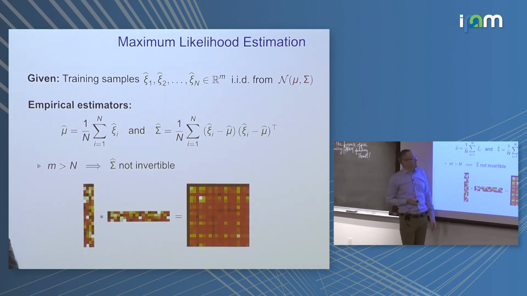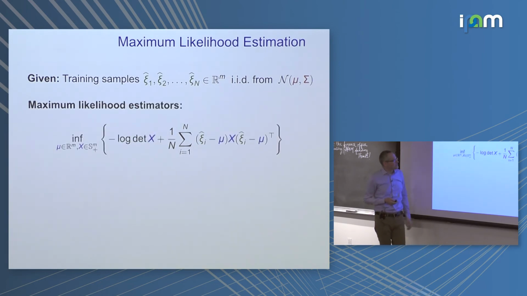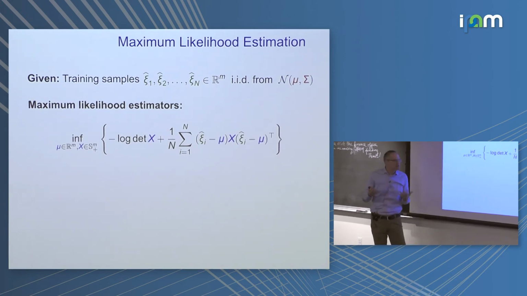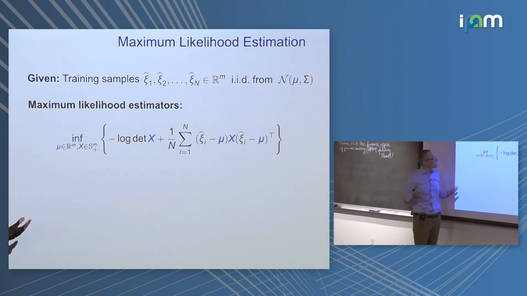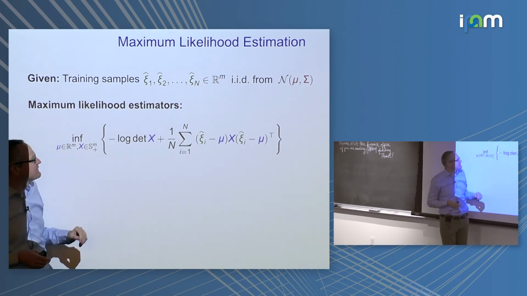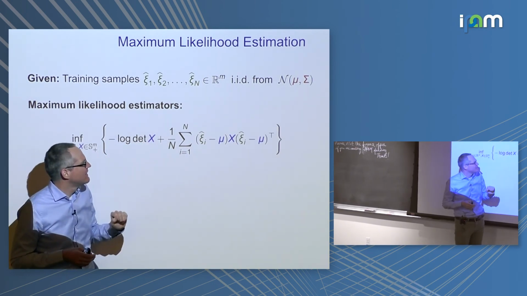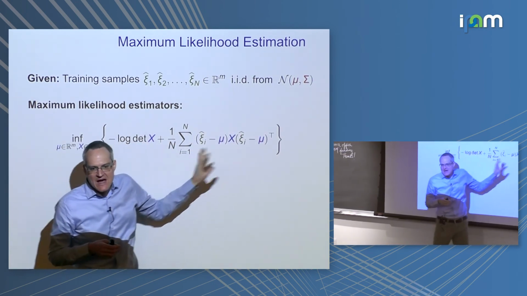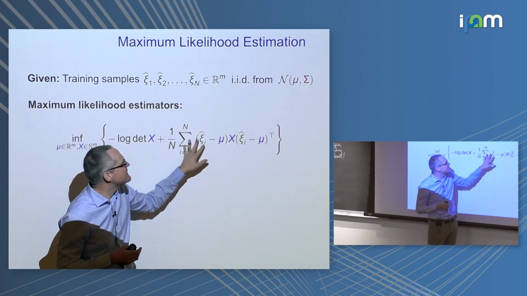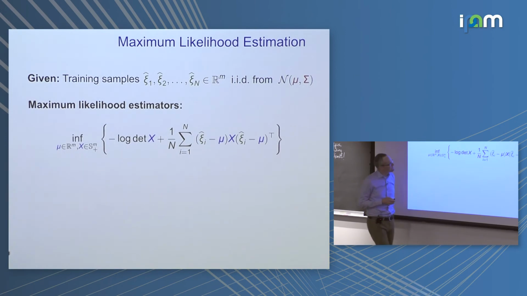So let's try something else, because we know that the data comes from a normal distribution. Let's try to use maximum likelihood estimation. So the maximum likelihood problem is equivalent to a convex minimization problem over all candidate mean vectors and candidate precision matrix estimators X. And the objective is to minimize the sum of the negative log determinant of X and some term that can be interpreted as the inner product of our candidate estimator X and the empirical covariance matrix.